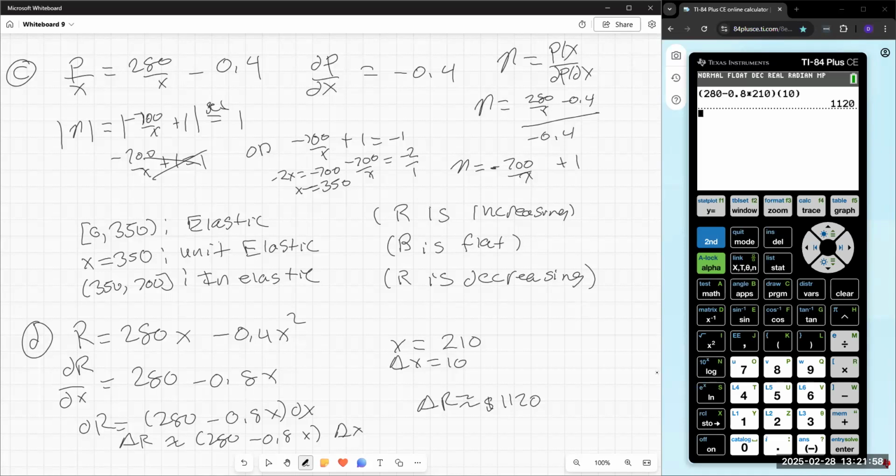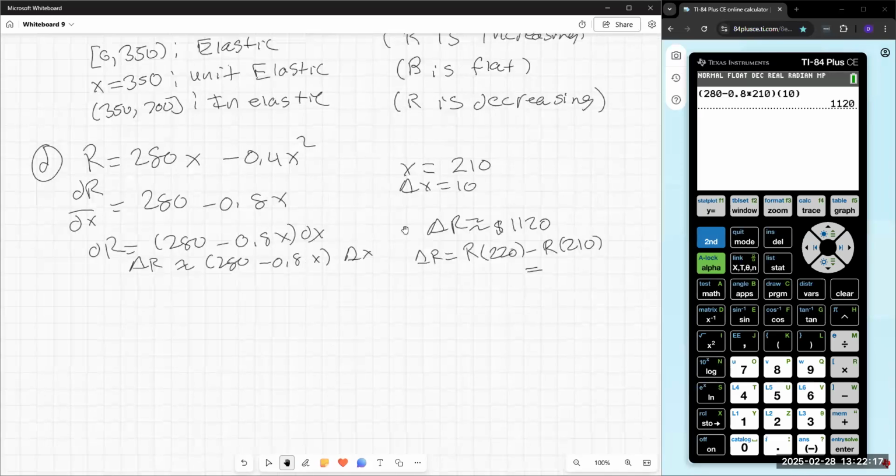And so now let's figure out how close that was to what delta R is exactly. So that would be R of 220 minus R of 210, which is equal to 280 times 220 minus 210, minus 0.4 times 220 squared minus 210 squared.